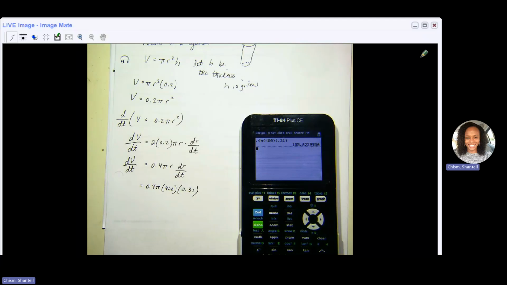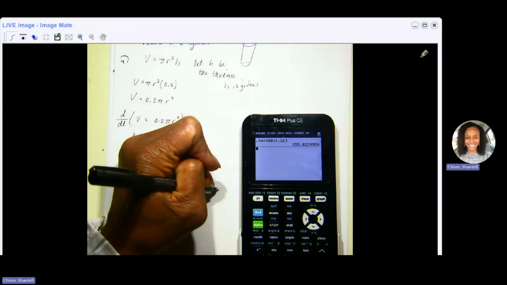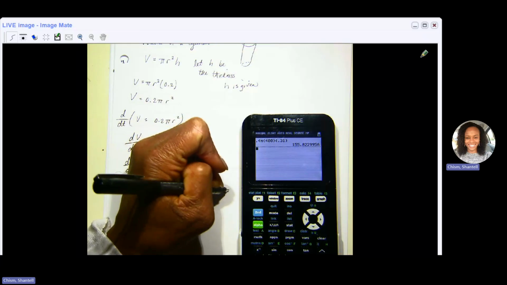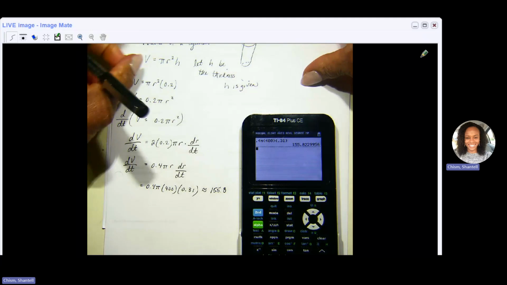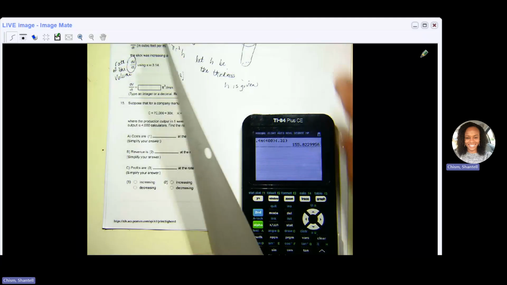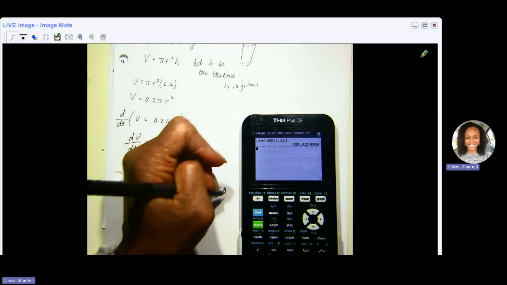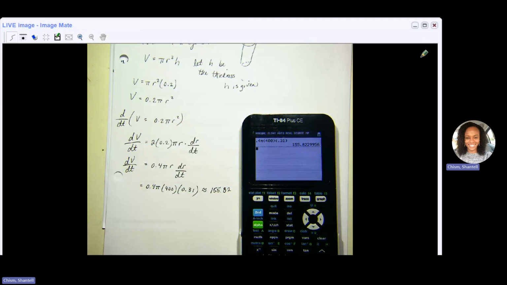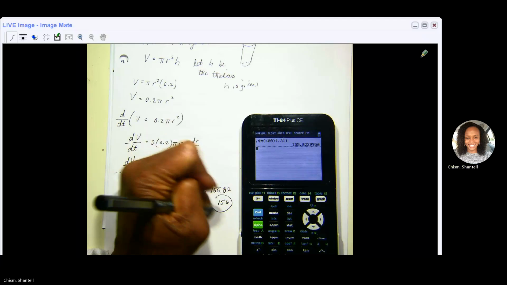Okay. All right. So that gives us approximately 155.8. How many decimals are we going here? This is number 14. We're told to round to the whole number. All right, so that's going to be 156 because it's 155.82. So as a whole number, that's 156.